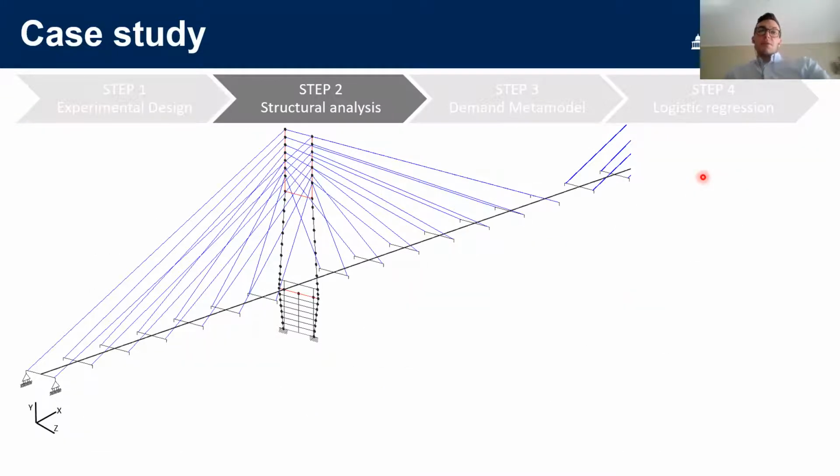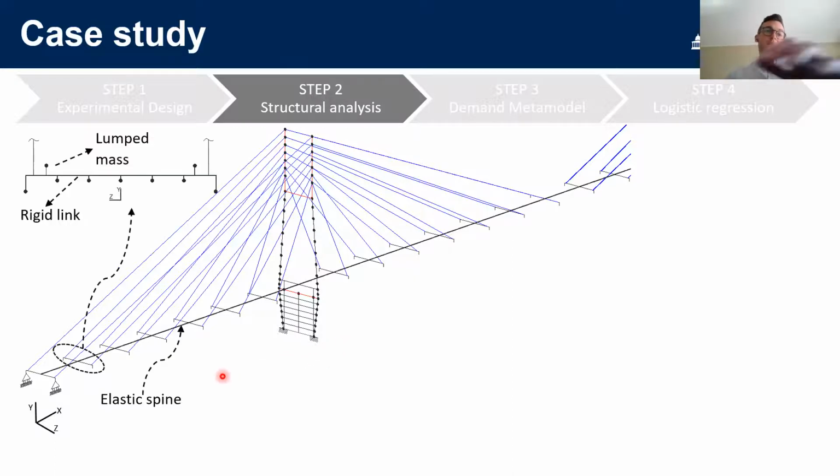The next step consists in performing structural analysis. So here you can see some details about the finite element model that I built. The deck is represented by means of an elastic spine with equivalent properties of the deck cross-section, while the cables are connected to the spine by means of rigid links, as you can see here, which also support lumped masses that represent the girders, the stringers, and the traffic barrier.